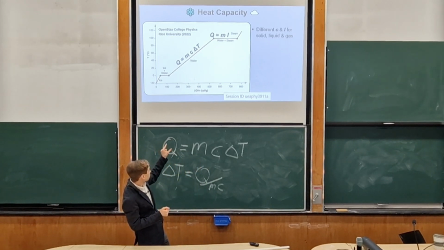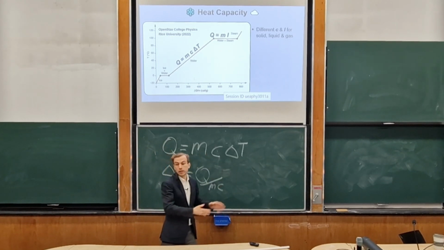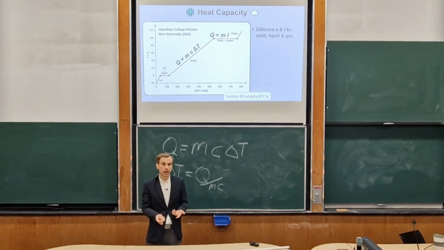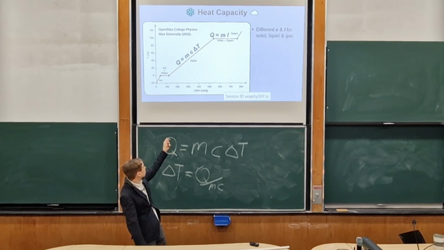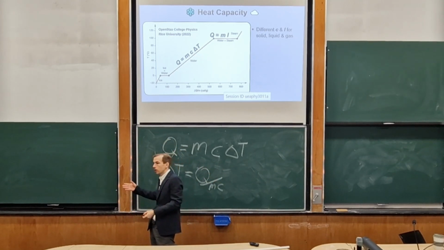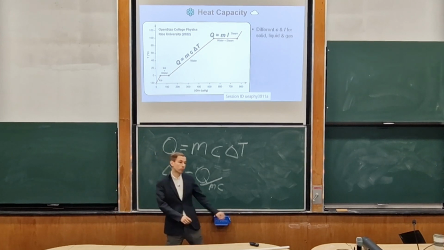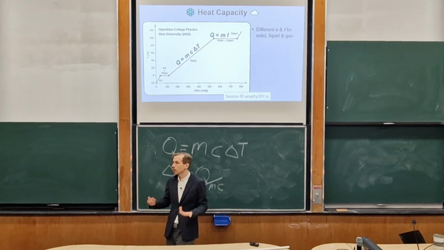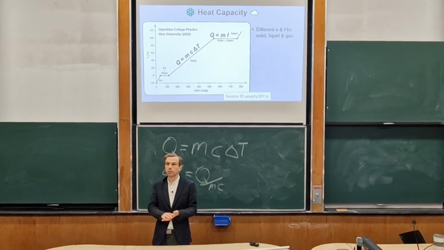But it also depends on what state that matter is in, whether it's a solid, a liquid or a gas. So for the heat capacity we have for water, if we were thinking about increasing the temperature of ice or of steam, we have to use the appropriate heat capacity. You can't use the same heat capacity as water.